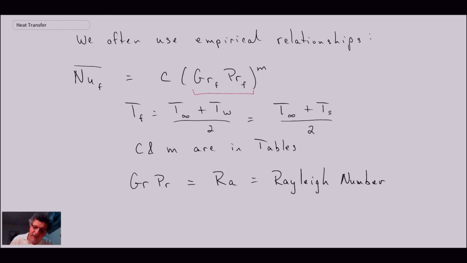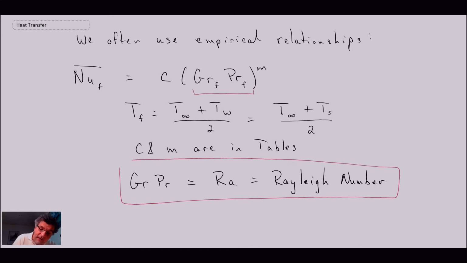Heat transfer loves non-dimensional numbers. We have a lot of them in heat transfer. But it's the Grashof times the Prandtl, and that gives us the Rayleigh number. And you'll see the Rayleigh number quite often in correlations for free or natural convection.